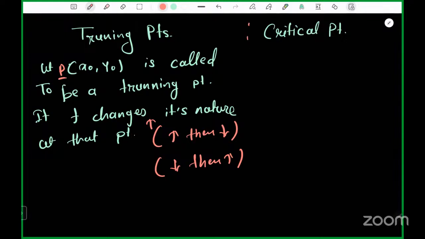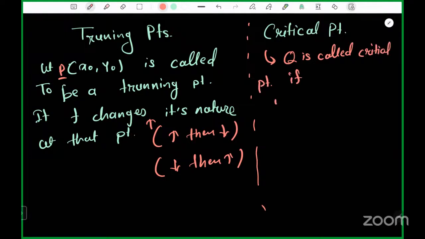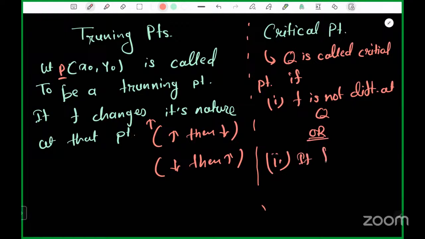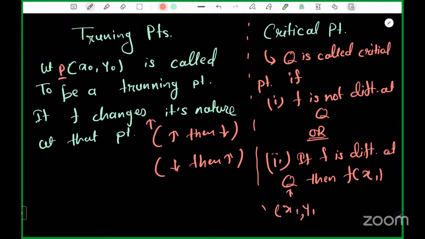Now what is a critical point? For critical points we have to consider two types of nature. A point Q is called a critical point if, first, f is not differentiable at Q, or second, if f is differentiable at Q, with Q having coordinates (x1, y1), then the value of the derivative f'(x1) at that particular point should be equal to 0.